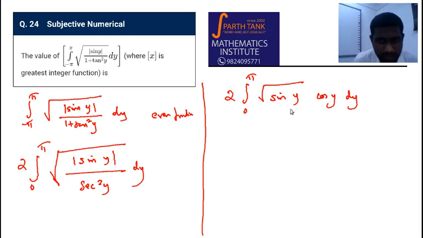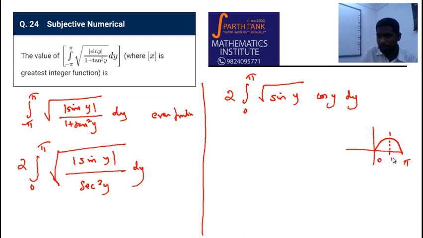Now this integration is very simple. You take sine y as u and this becomes du, but then see that would give you the limits as 0 to 0, right? Hence we split this, because you see sine is always a symmetric function. From 0 to pi it is symmetric about pi by 2. Or you can say, you know this rule, no?